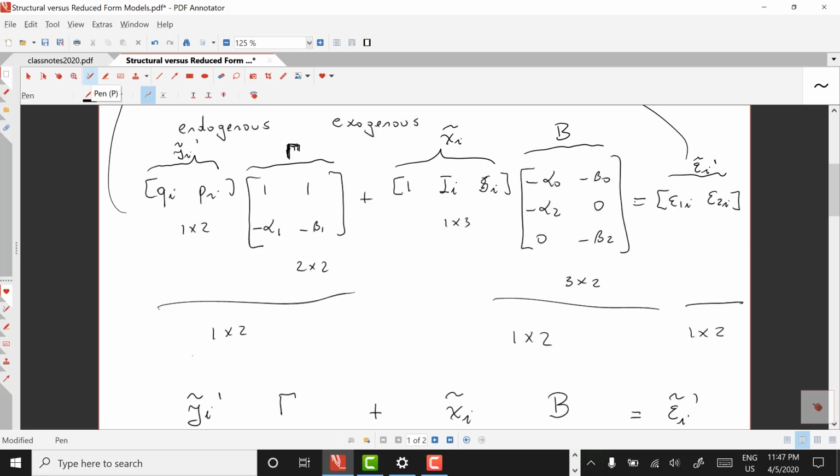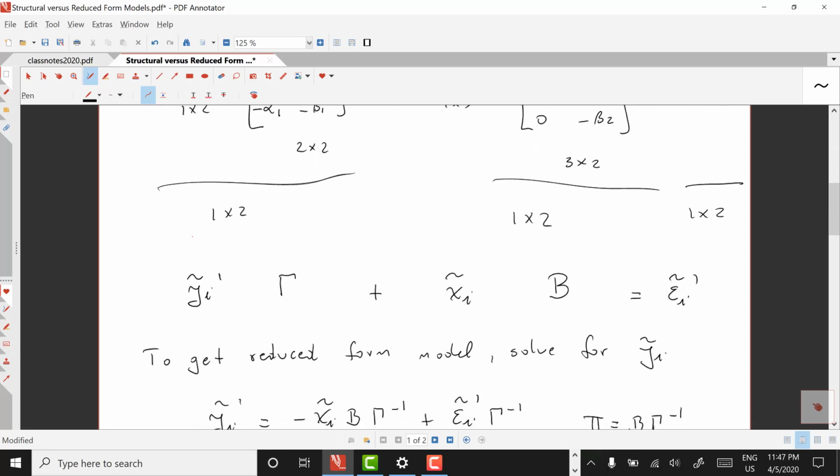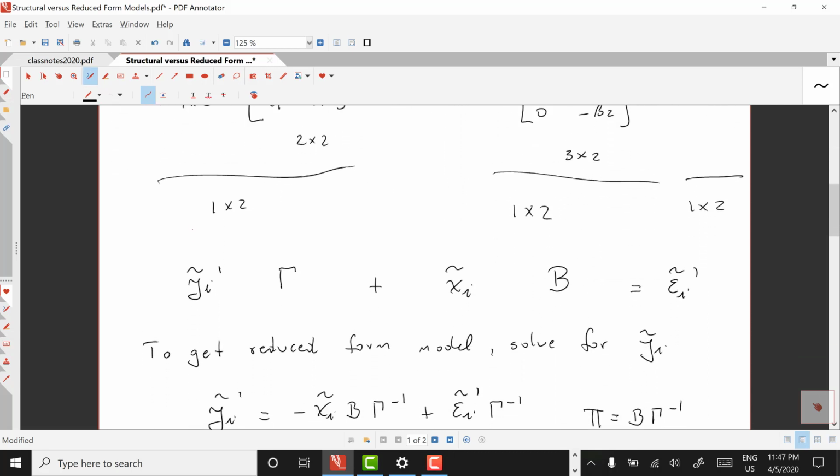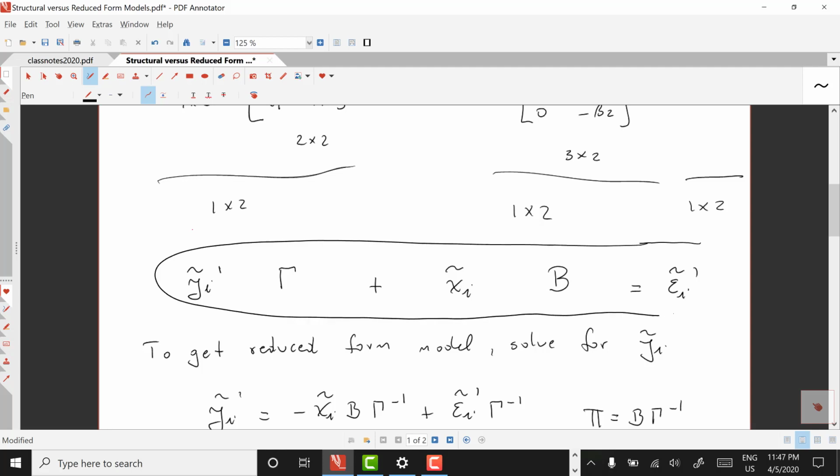So that's what I have there. I've just rewritten it. And this is what's called the structural model, in matrix form. Kind of the original equations, but rewritten. So this is what's called the structural model. Basically it uses the equations in kind of their original form.